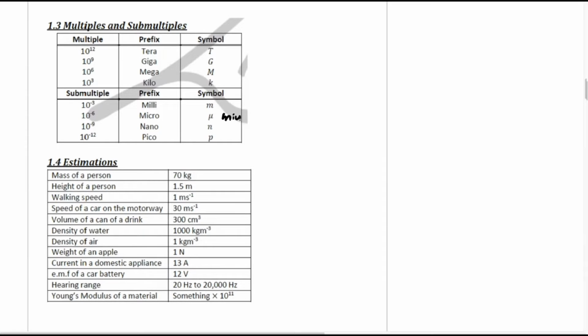Then 10 to the power of negative 9 is nano, N. 10 to the power of negative 12 is pico, P. So these are the prefixes and the multiples together with submultiples.